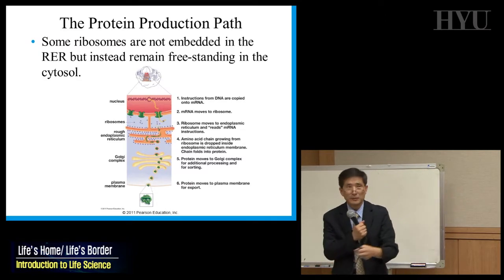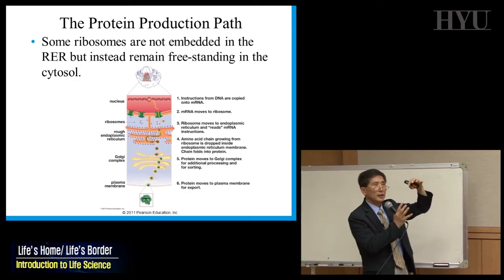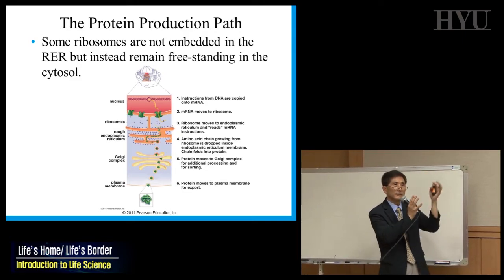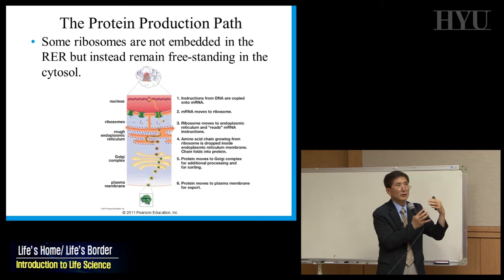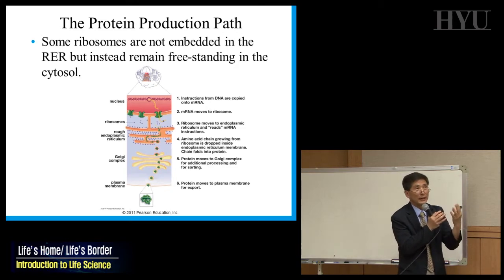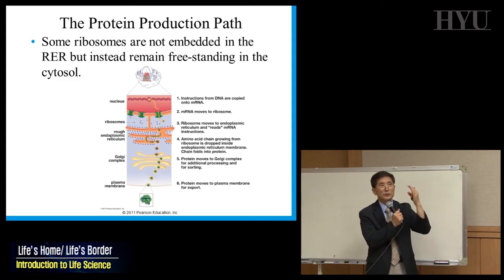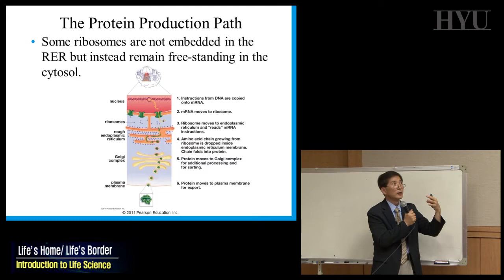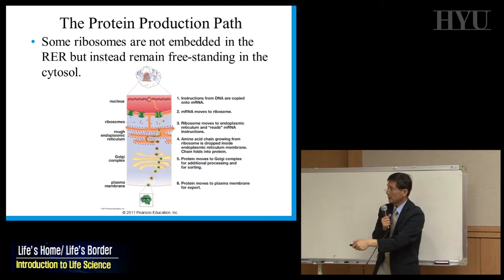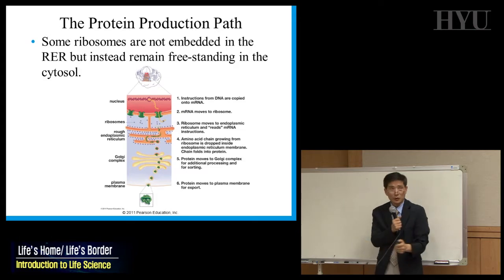It looks small, but it's a big complex with lots of protein and lots of RNA inside. We call it a ribosome. This book says it's one of the organelles, small organs. The RNA has to meet the ribosome to make protein. So one place they meet is the cytosol.